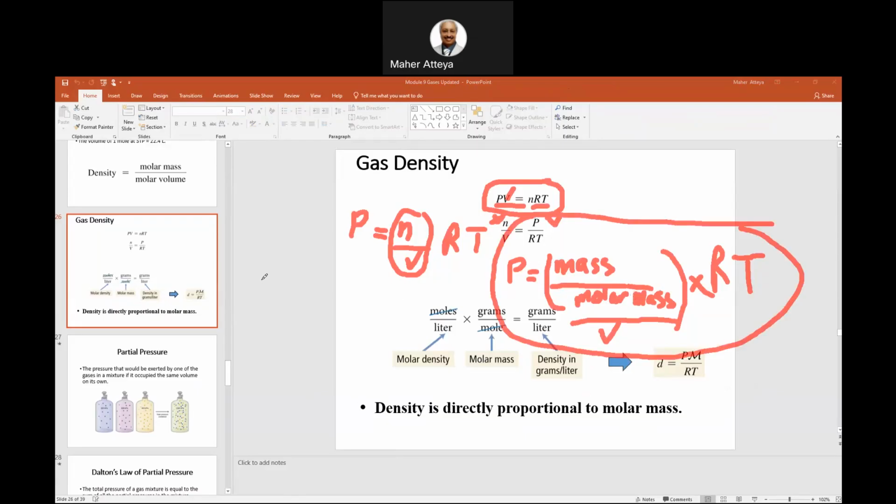So I have P over RT equal to mass over volume, multiplied by 1 over molar mass.